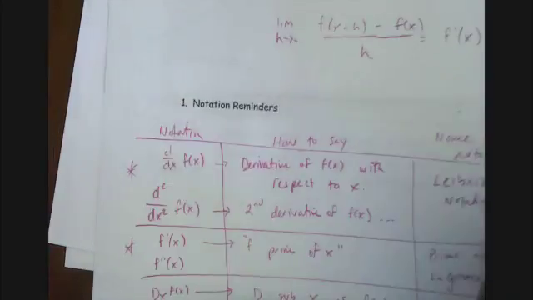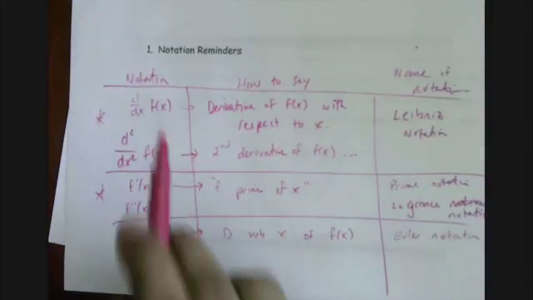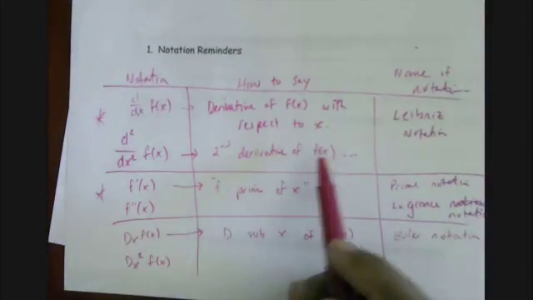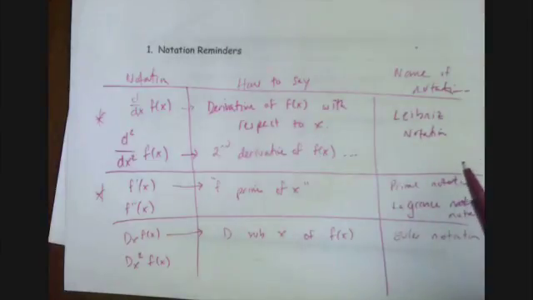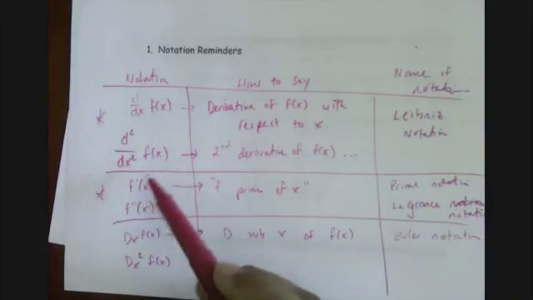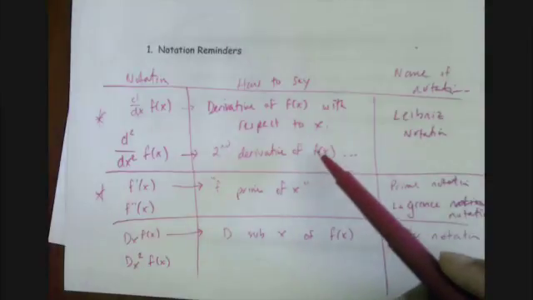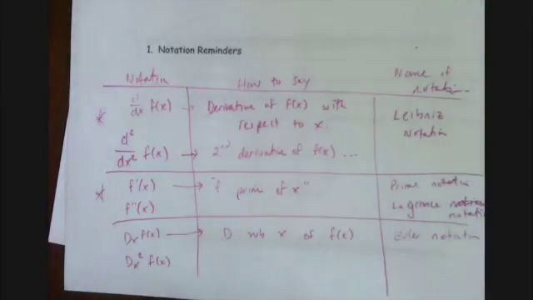So I label the top of the rows here. The first left column is notation, the middle column is how to say it, and the third column is the name of the notation. You'll never be tested on the name of the notation, but you'll want to be familiar with it. You will have to be responsible for knowing the different types of notation, how to use them and how to write them, though. And of course, you will want to know how to say them to communicate with anyone else in the class.